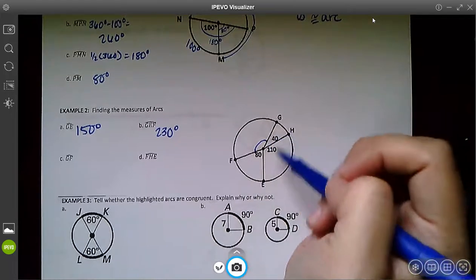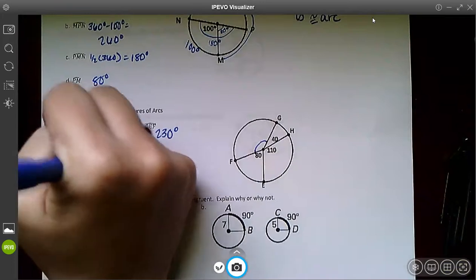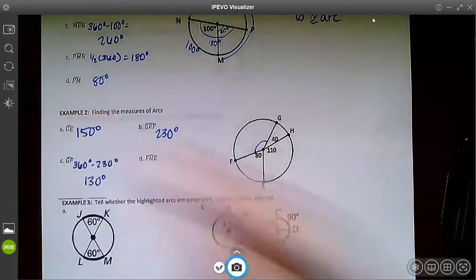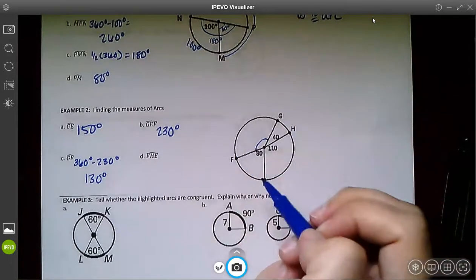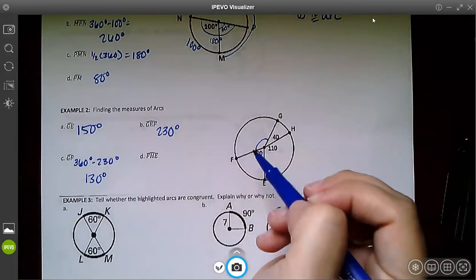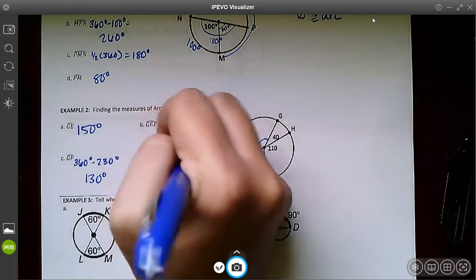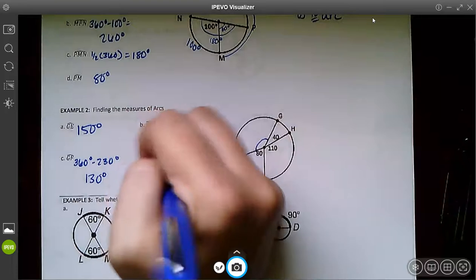This was 230, so we're subtracting 360 minus 230, and you get 130 for GF. FHE is going to be everything except this 80 degrees, so you could say 360 minus 80, or add up other ways, and you get 280.